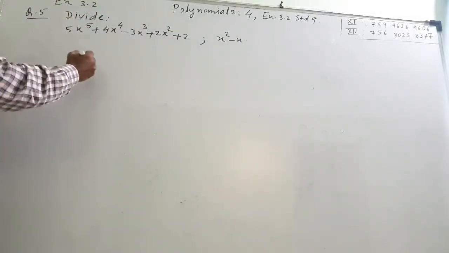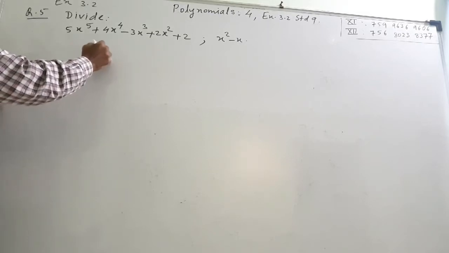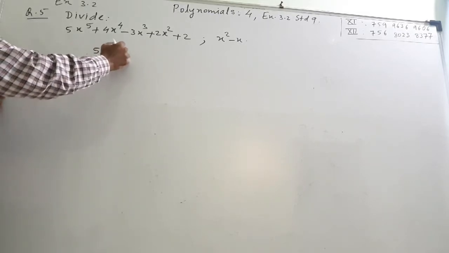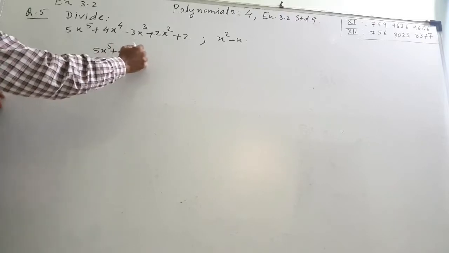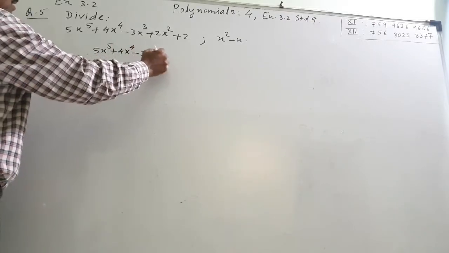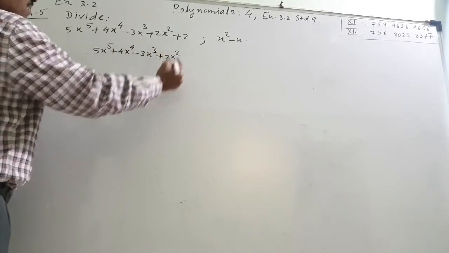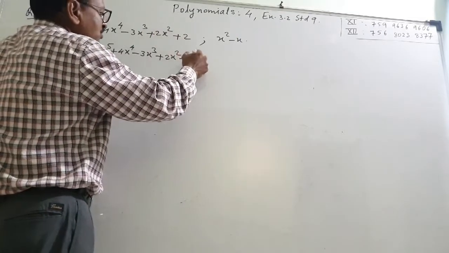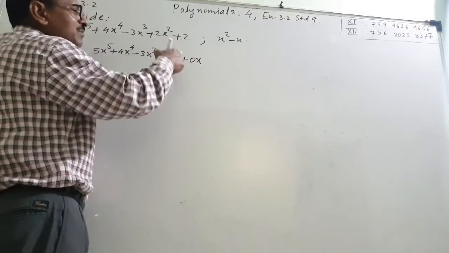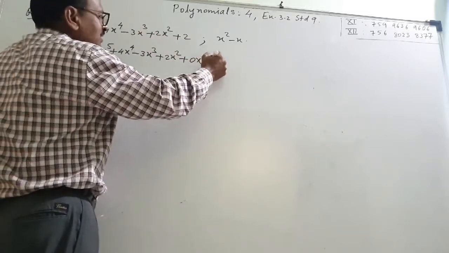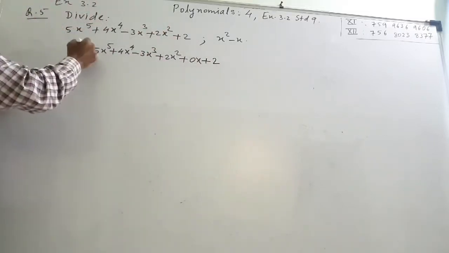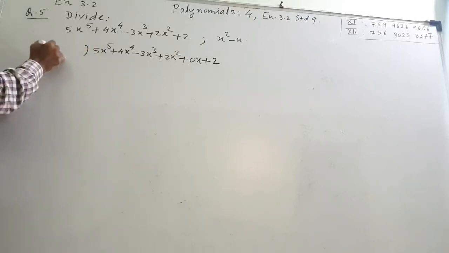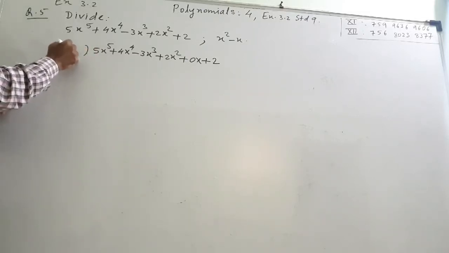I will write here 5x raised to 5 plus 4x raised to 4 minus 3x cube plus 2x square, and plus x term is missing. I will write 0x because x term is not there, plus 2. In the sequence I will try to write, divided by x square minus x.